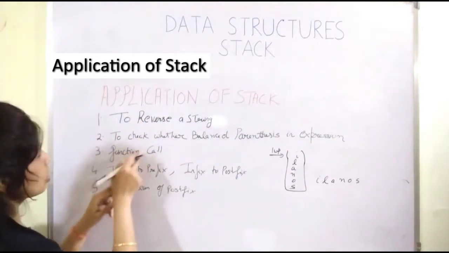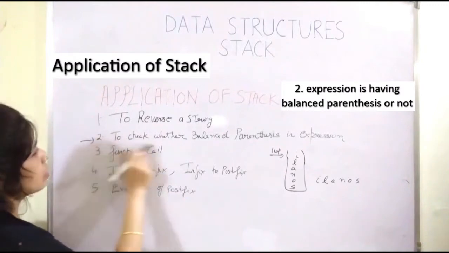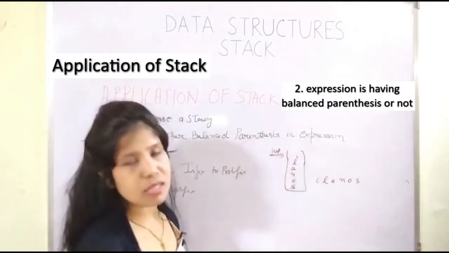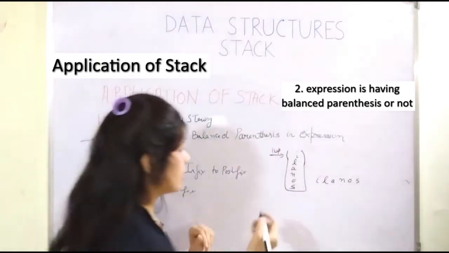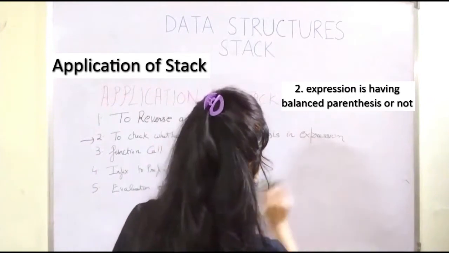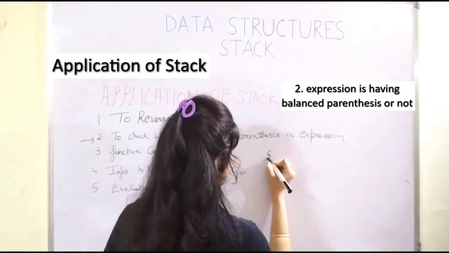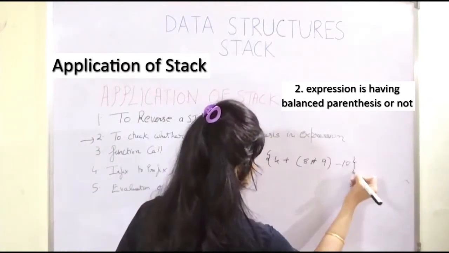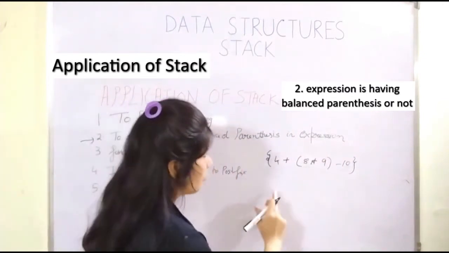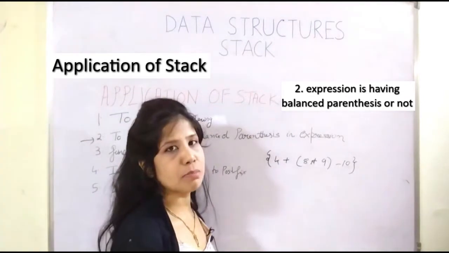The next application of the stack is to check whether balanced parentheses are present in your expression. Suppose you are given this expression. You have to check whether this expression has balanced parentheses.